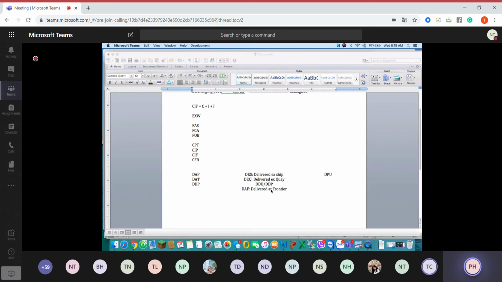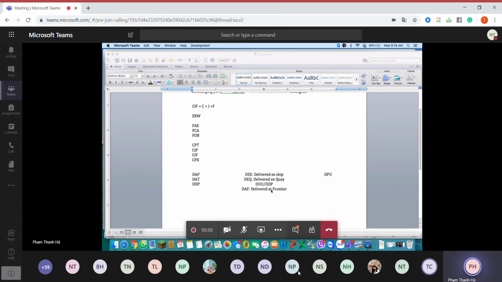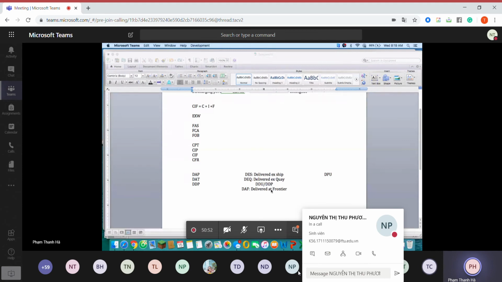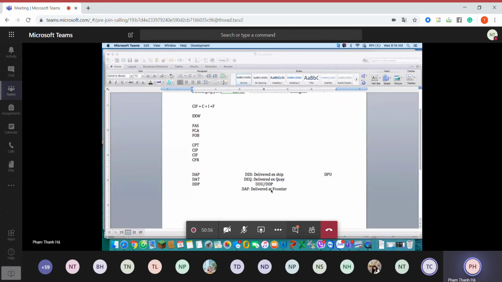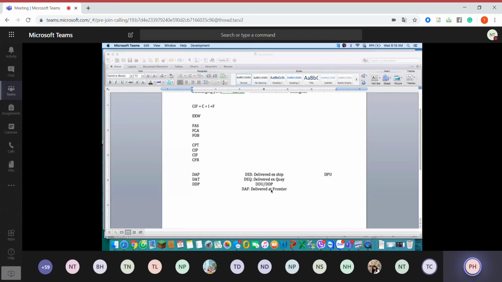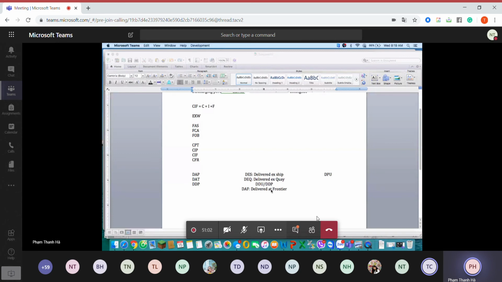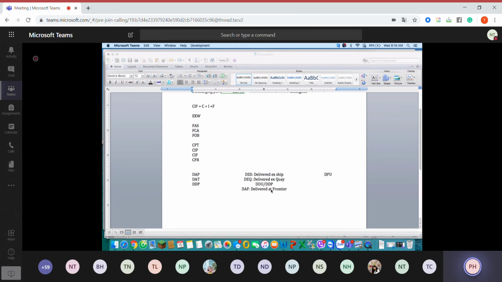This case is very simple, because if you have a common border, just choose that common border as the point of delivery. Between Vietnam and China, for example, we can choose the Lạng Sơn common border, or maybe the Lào Cai common border, to be considered as the point of delivery.